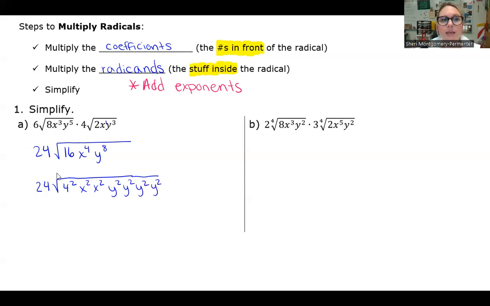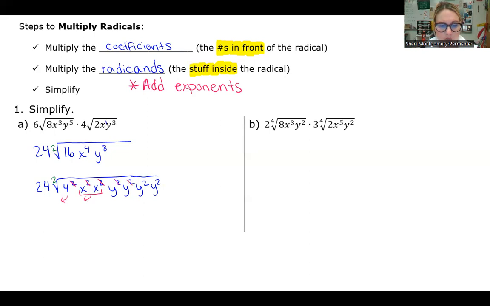And now anything that has an index that matches the exponent, and remember that even though it's not written, there is a 2 here, anytime the index matches the exponent, then we'll cancel it out and it'll get rewritten into the front. So 4 is going to go in the front. I have 2 x's and they'll go together as a group.